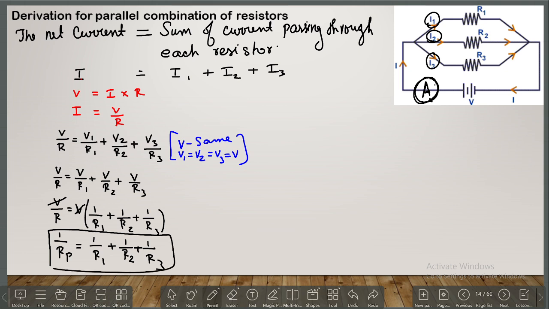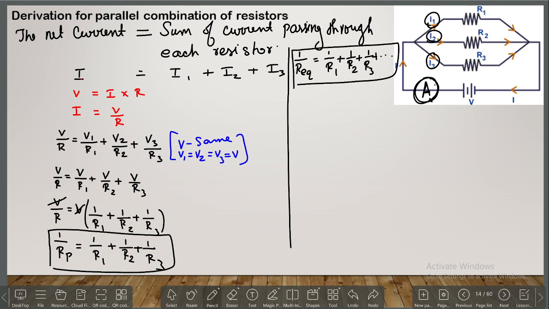So in general format we can write 1 by R equivalent is equal to 1 by R1 plus 1 by R2 plus 1 by R3 plus up to infinity. 1 by means we all know it's going to be the reciprocal. If they ask to derive an expression for series combination or parallel combination, they won't directly say it.